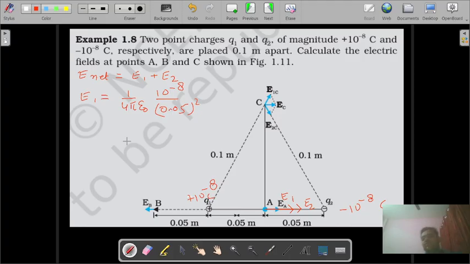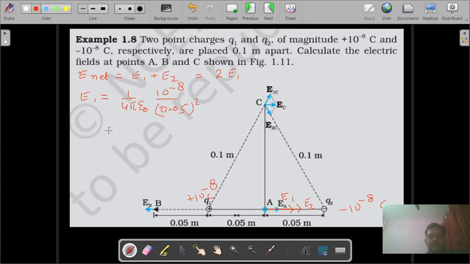As the charge Q2 is also the same, minus 10 to the power negative 8. So the magnitudes of E1 and E2 are the same and their directions are also the same. We'll just evaluate E1 and hence we can obtain E net equal to 2 times E1 or 2 times E2, as E1 and E2 are equal to each other.